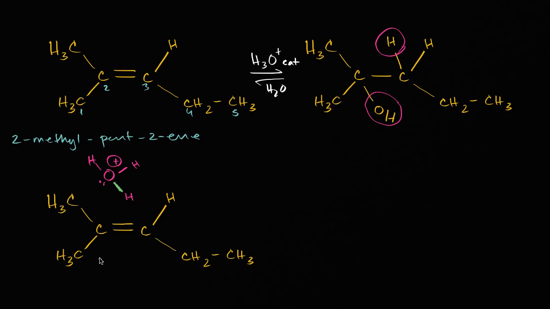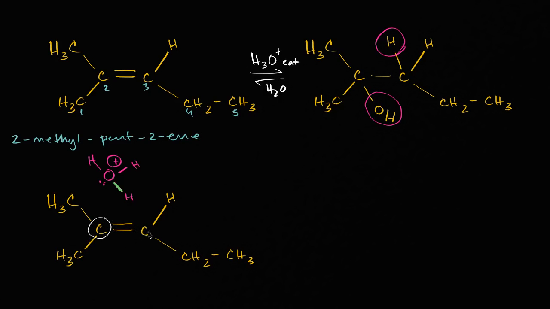Another way to think about it is, what is the order of the carbons? Because the higher the order of the carbon, the more stable it will be if it forms some type of cation. So if you look at this carbon right over here, our number 2 carbon, let me circle it. Our number 2 carbon is bonded to 1, 2, 3 carbons. So this is a tertiary carbon.